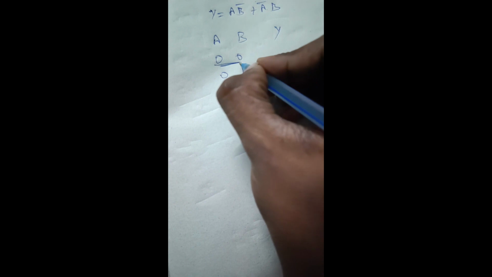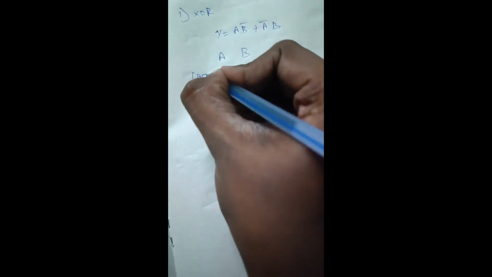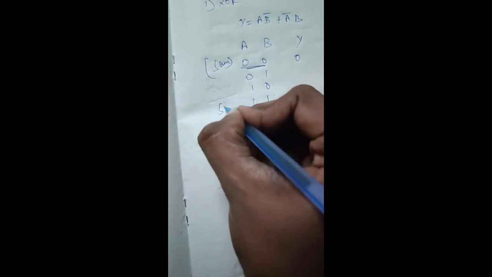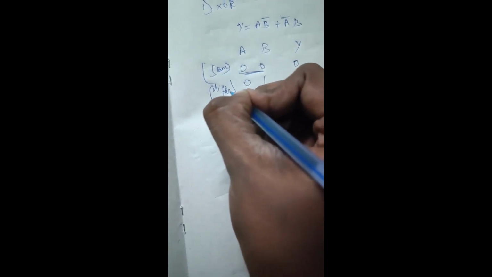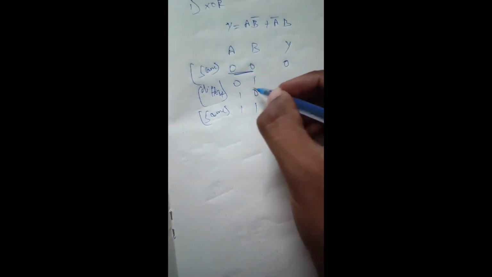For the XOR gate, if the two inputs are the same, the output will be 0. These are the same inputs, and these are different. Here 0 comma 1 are different inputs, so the output will be 1. 1 0, different inputs, so the output will be 1, and these inputs are the same, so the output will be 0.